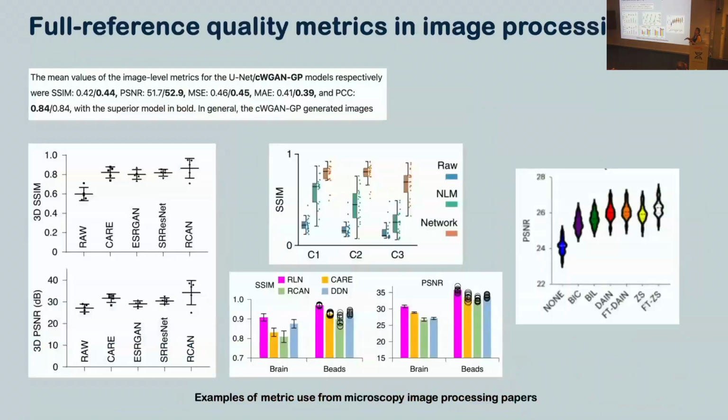Anytime you'll see some kind of AI image processing algorithm published, there'll be a graph like this. It'll be a graph that's showing several different methods, several different conditions, and how these values change depending on the processing that's applied. And of course, the one that scores best will be the one in the paper, because that's how we roll.